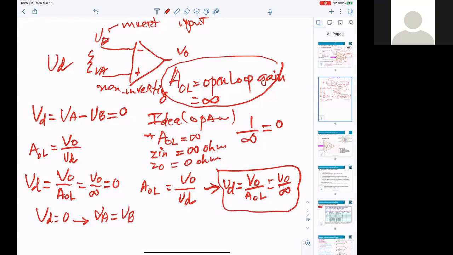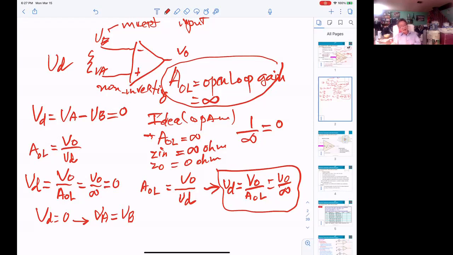I don't care what V out is because it can't influence them. VA and VB are what the IC is built for. They just try to make sure VD is the difference between VA and VB, and ideally, it will be equal to 0. That's what I want you to know.